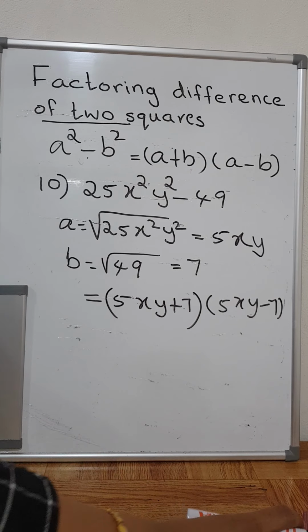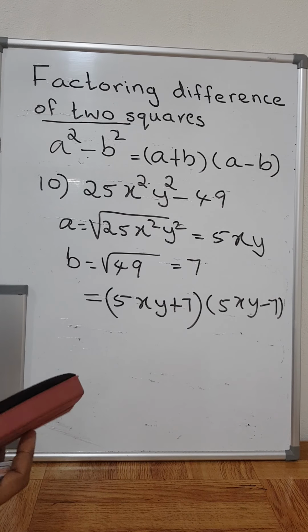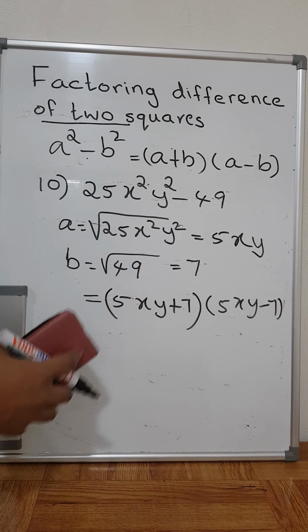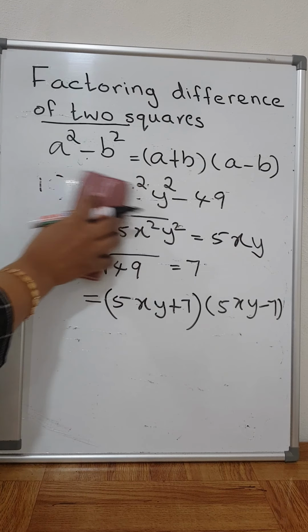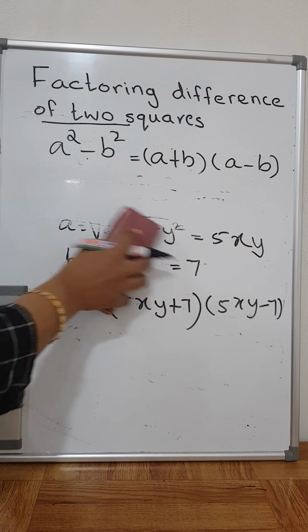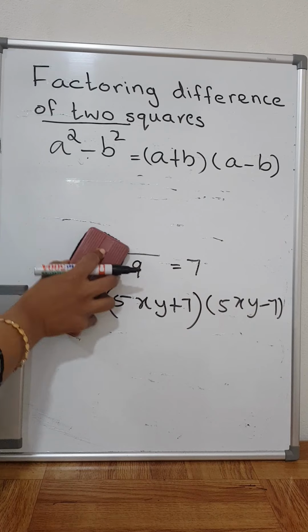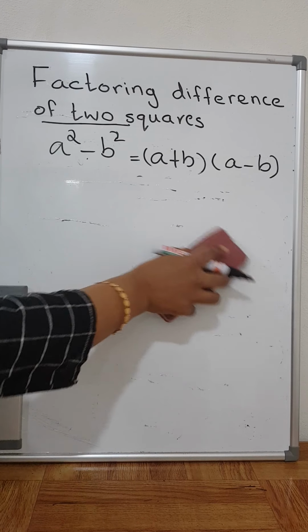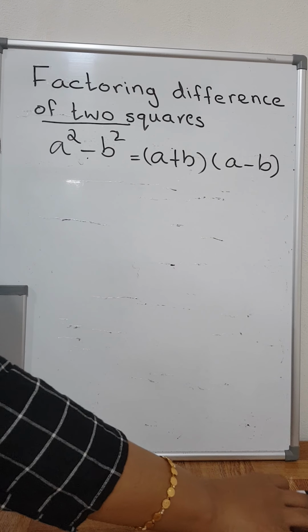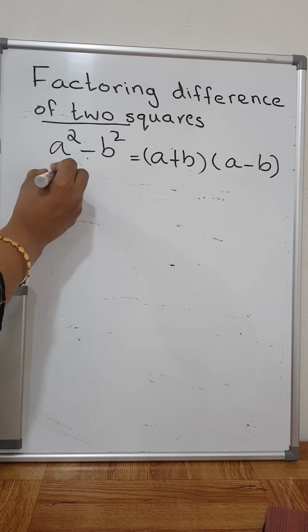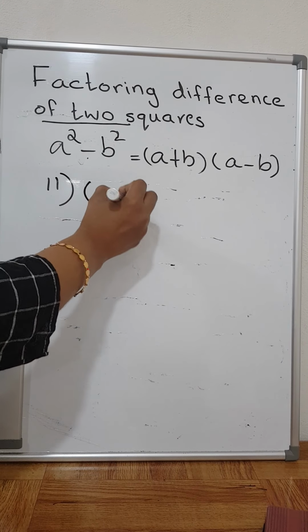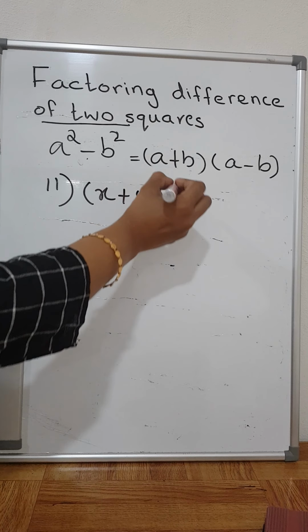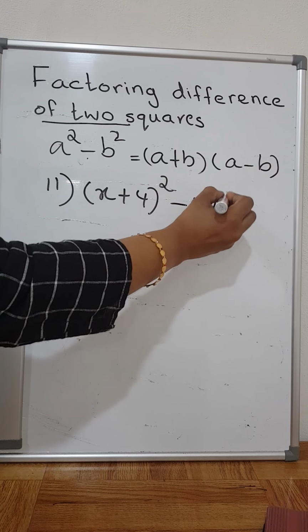Then we will try the next one, our 11th question. (x plus 4) the whole square minus 121.